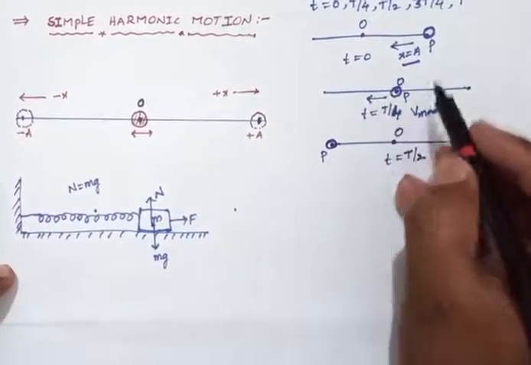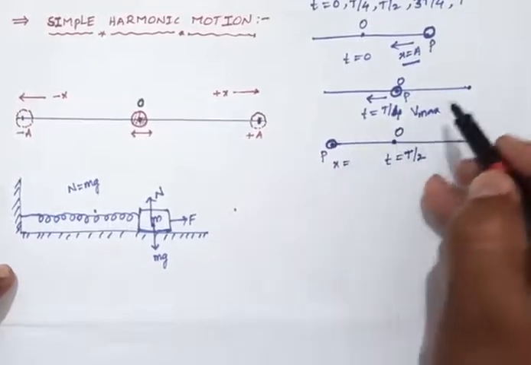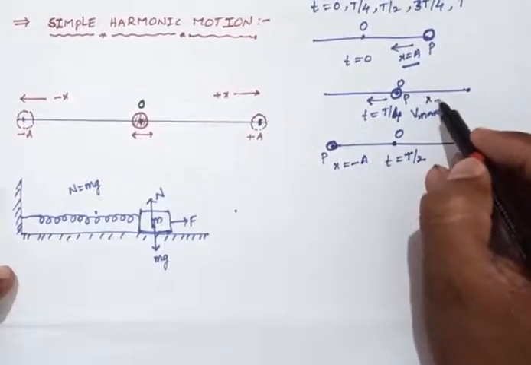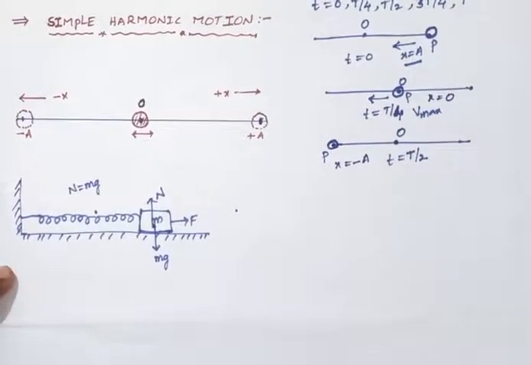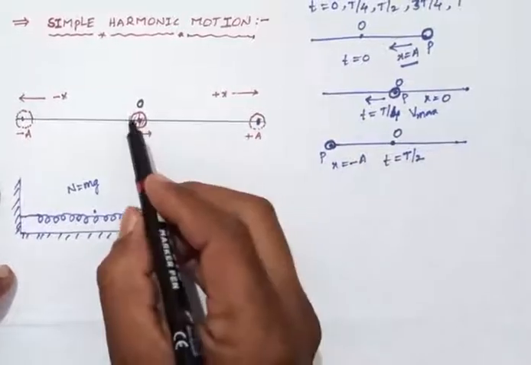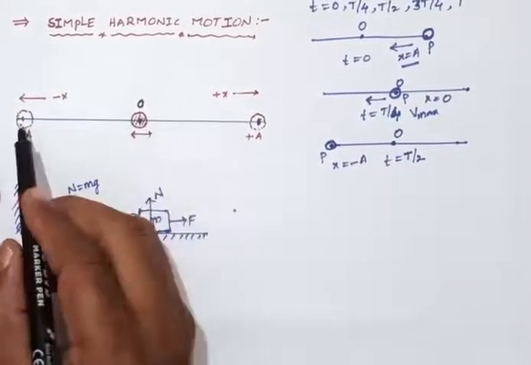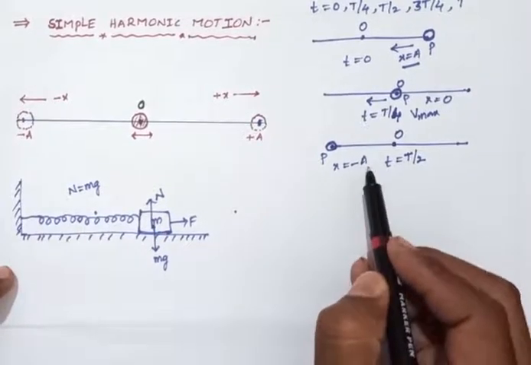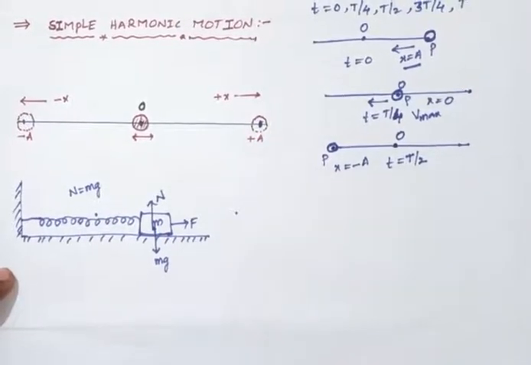So x equals minus a here, while at O x equals 0. At t equals T by 2 the particle is at x equals minus a. It is also a maximum displacement, that is the negative amplitude.